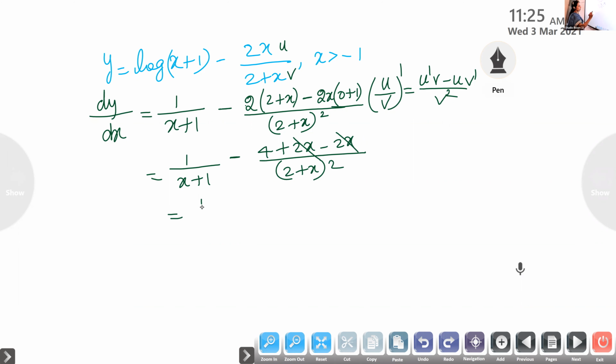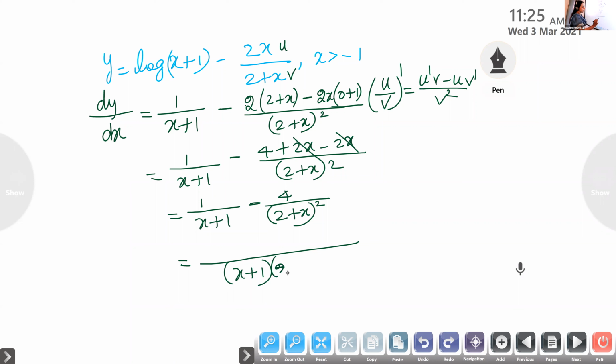Okay, so the next step, you take the LCM here: x plus 1 into 2 plus x the whole square. So it is 2 plus x the whole square minus 4 into x plus 1. Now open the bracket. When you open the numerator, we will get 2 plus x the whole square, I am expanding that one.